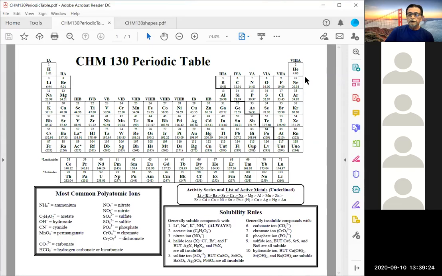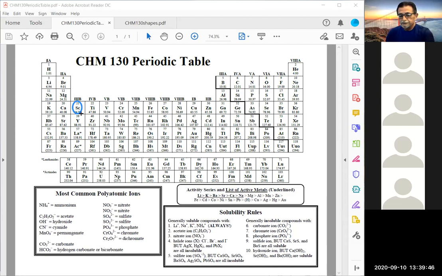The 3d comes into play only when you start getting with number 21, when element number 21 comes into play, okay? Now notice that element number 21 is in the 4th period, count from top, 1, 2, 3, 4.